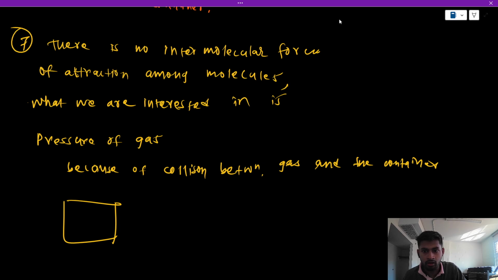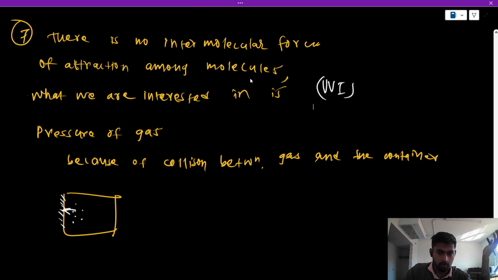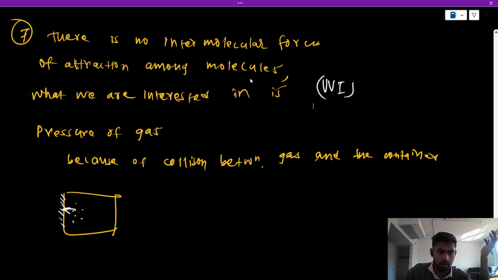The surface and the gases, which is very, very important because of these two assumptions: there is no intermolecular force of attraction between gases, and collision between gases and container is what we consider.